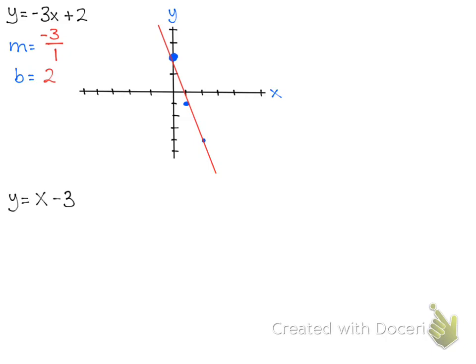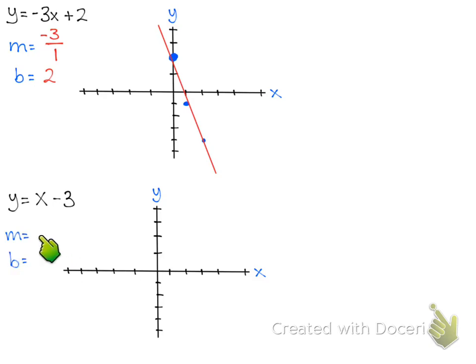Alright, so let's say we have y equals x minus 3. X-axis runs side to side, y-axis runs up and down again. It always does that. So we're going to start with slope and y-intercept. Your slope is the number in front of x. When there's not a number in front of an x, it's always going to be 1, which we can turn into a fraction, 1 over 1.